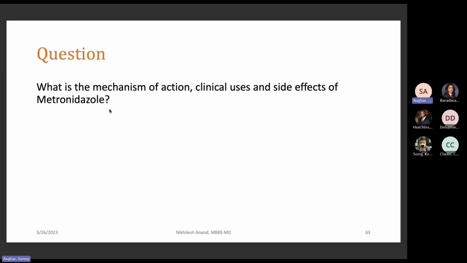From my understanding, if I remember correctly, the questions for pharm were never really that tricky. They were pretty straightforward in terms of what to expect. If you know the mechanism of action and the side effects, that's pretty much what they're going to ask you anyway.